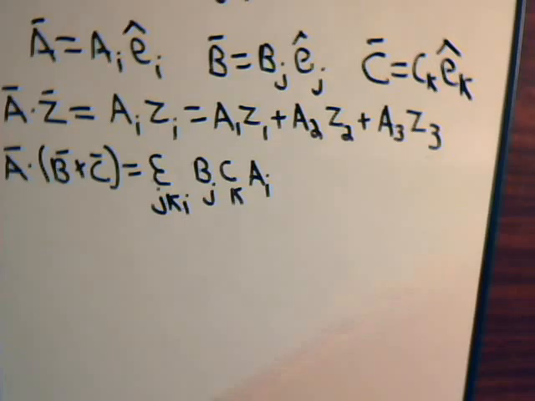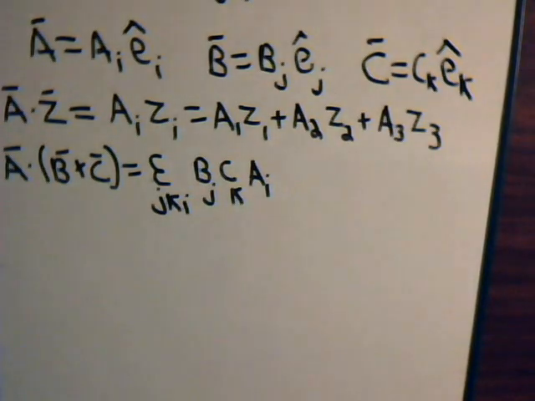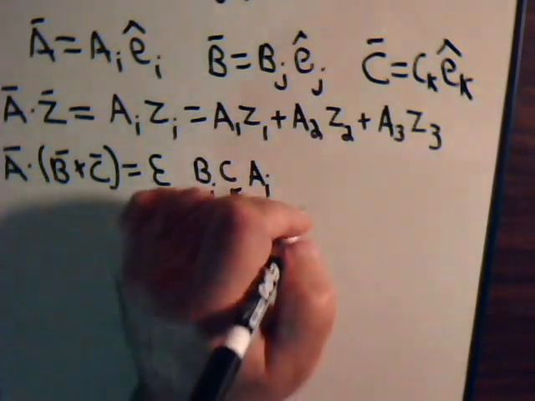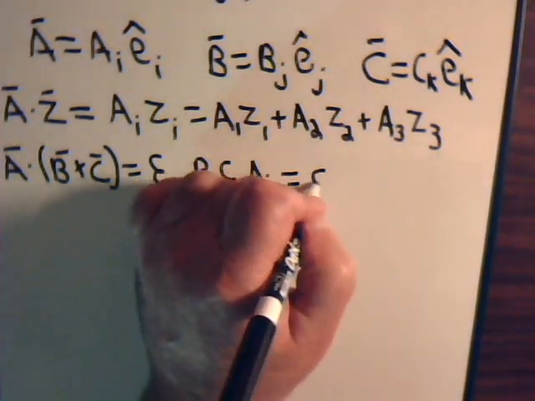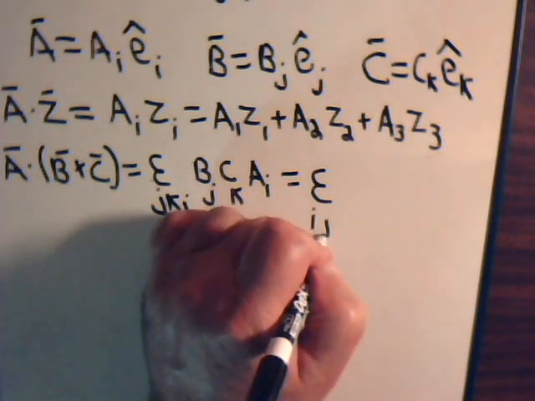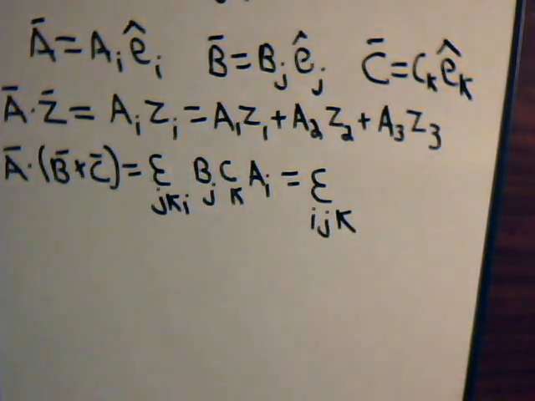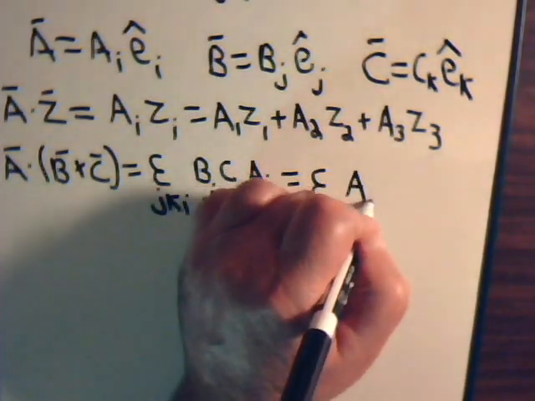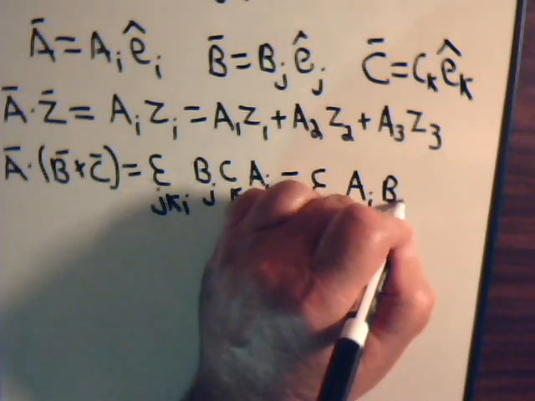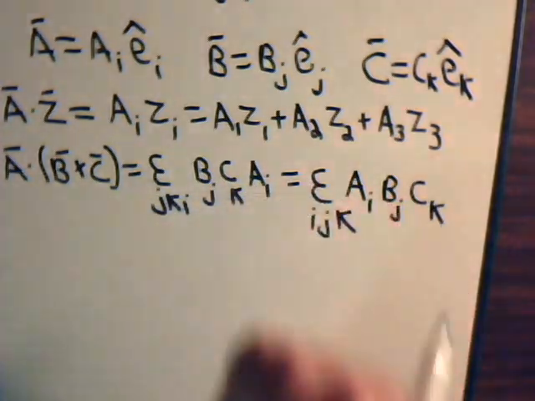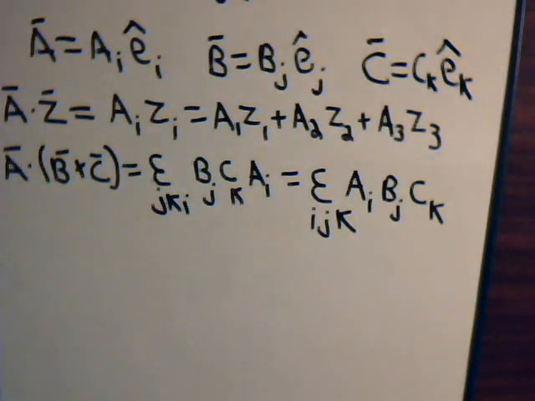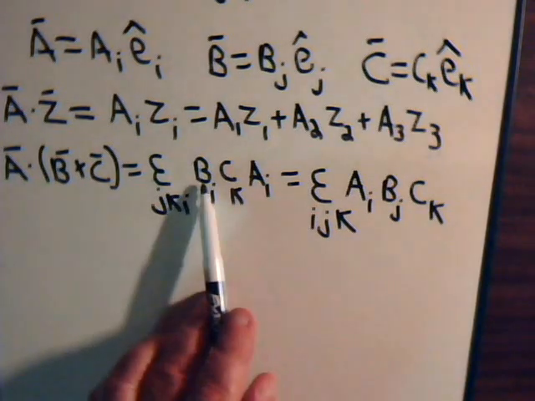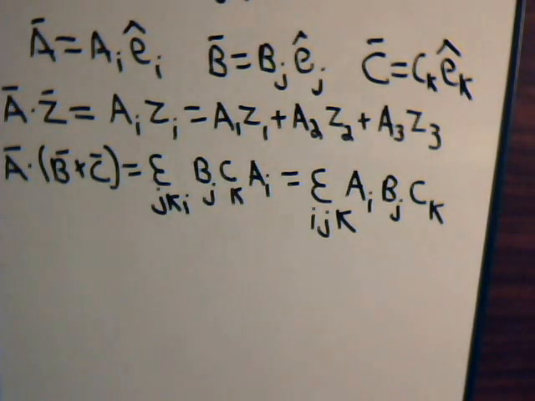So we could also write this as epsilon ijk. But if we do that, we have to shuffle these around so that these indexes match. That's valid because these are just scalars, and the order in which we multiply them is irrelevant. So this expression is equal to this expression.